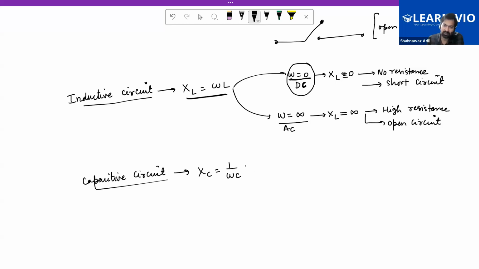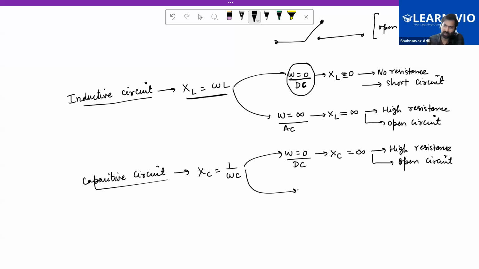If you have omega which is 0, which means you have a DC supply, then Xc would be very high resistance, and this is the open circuit.